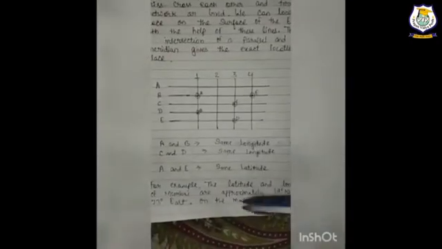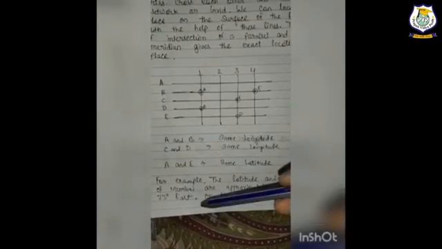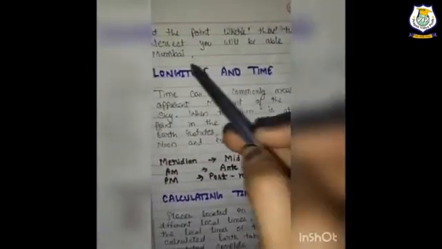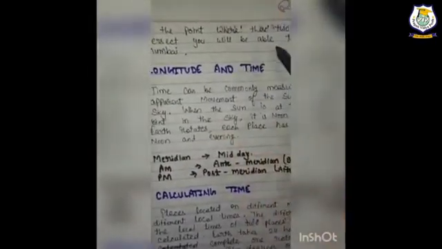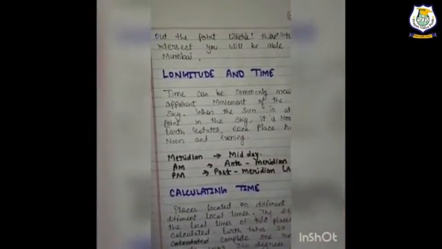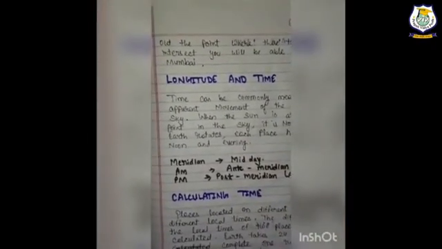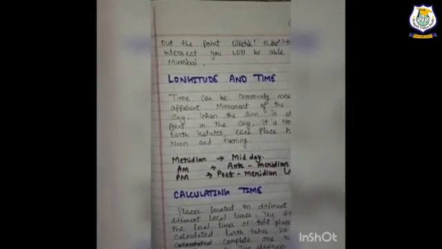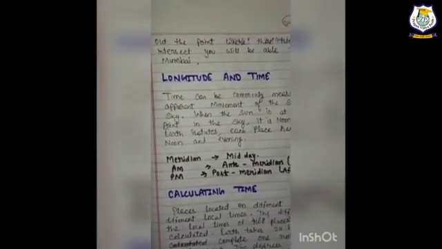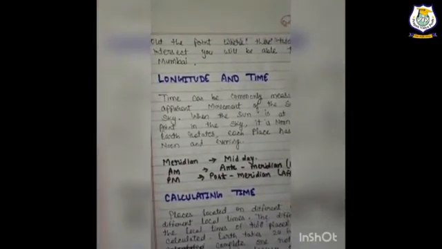For example, the latitude and longitude of Mumbai are approximately 19 degrees north and 73 degrees east. On the map, if you find the point where these two lines intersect, you will be able to locate where Mumbai is. Alright, now let's move forward towards the longitude and time.